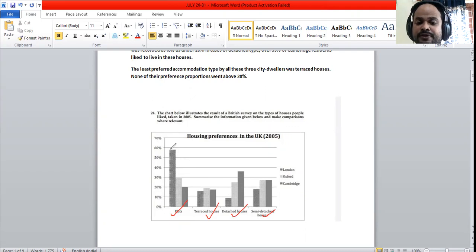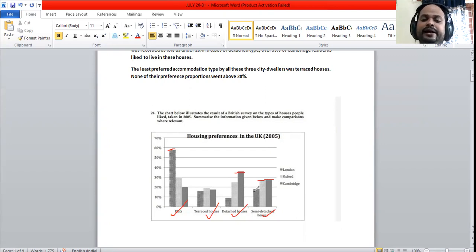The highest preference for flats is in London. The highest preference for detached houses is in Cambridge. You can say semi-detached houses are equally preferred in Oxford and Cambridge, and less so in London.